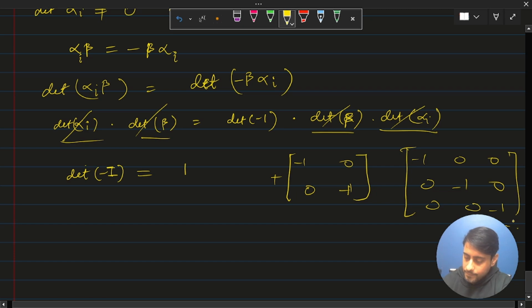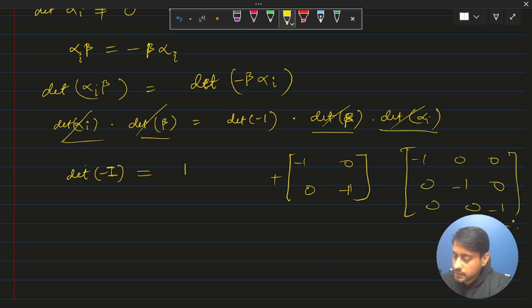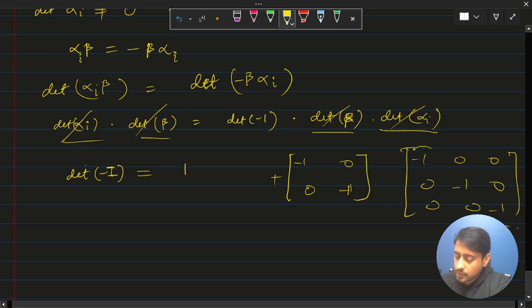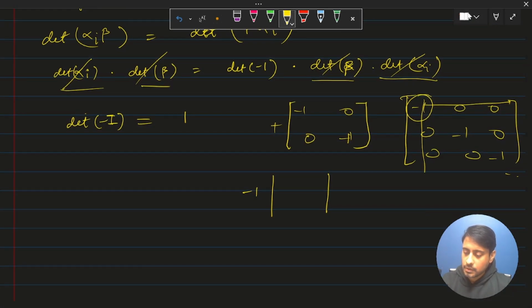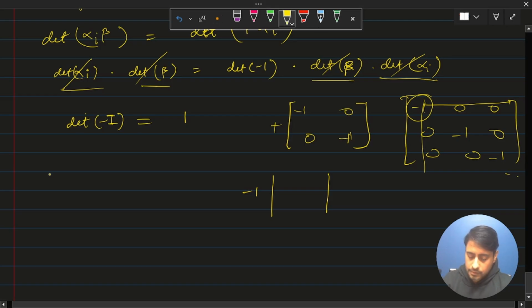So if you take the determinant of this, for the first term you will take out minus 1 and take the determinant of this. Let me show you by doing this. Let's suppose we have a 5 cross 5 matrix. So we have minus 1, 0, 0, 0, 0, then 0, 0, 0, 0, minus 1, 0, 0, 0, 0, 0.